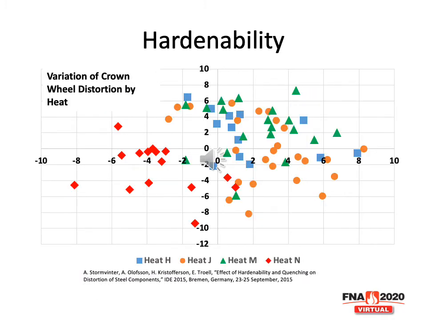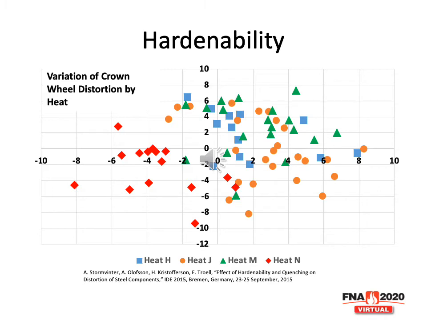In the same study that was conducted by Stormvinter, Olofsson, Christofferson, and Troll at IDE 2015, they examined the hardenability of different heats within the same alloy group on the amount of crown wheel distortion.